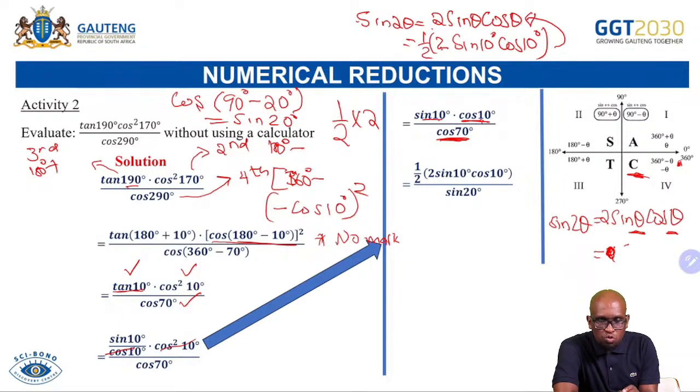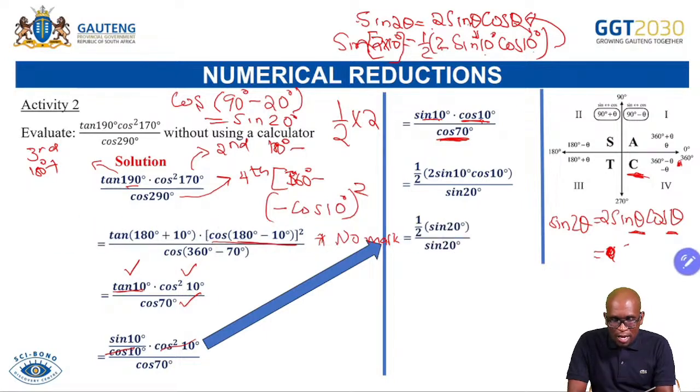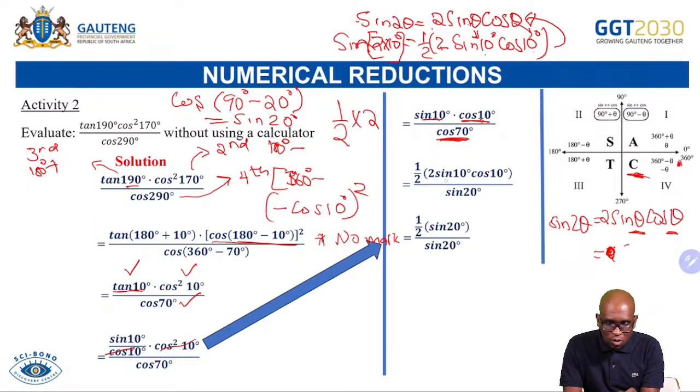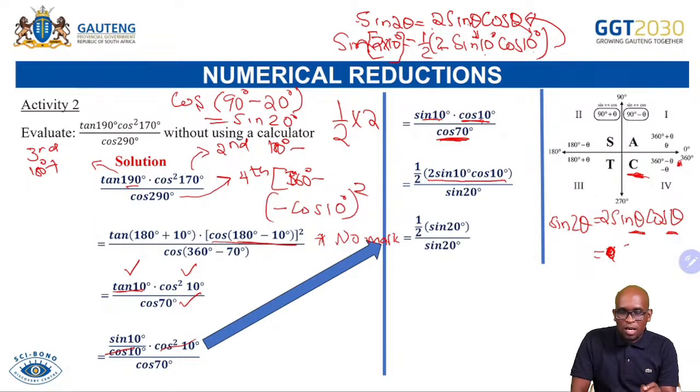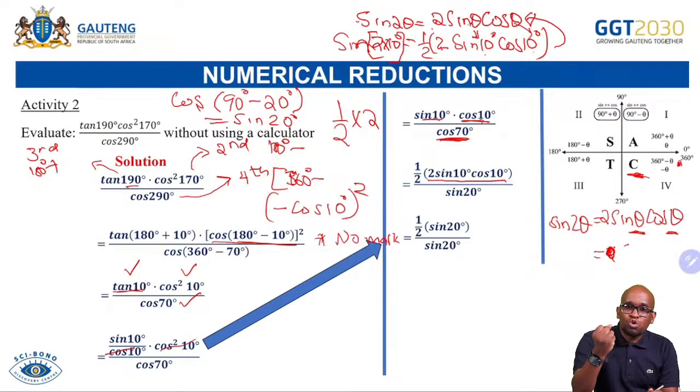So it's 2 sine theta cos theta, 2 sine 10 cos 10, which means that now, what is our theta? Our theta is 10. So this means that this would be sine of 2 times 10, the sine of 20, because 2 sine theta cos theta, or 2 sine 10 cos 10, converts to sine 2 times 10.